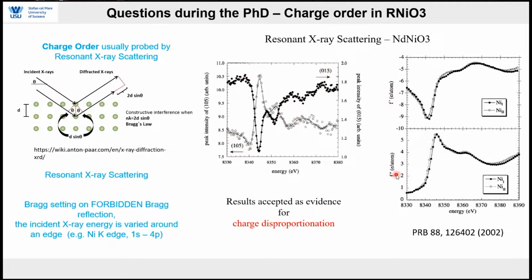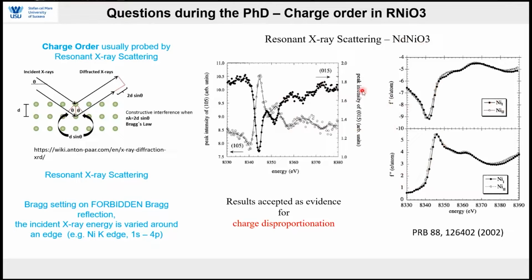If there is a difference between 2 atoms, like you see here, in this particular NdNiO3, I have 2 non-equivalent ions. I have what I call nickel 1 and nickel 2. I'm doing this measurement, extracting the form factors F prime and F double prime for these 2 ions, and I see there is a difference. If I have this difference, any experimentalist will tell you this is proof of charge order.